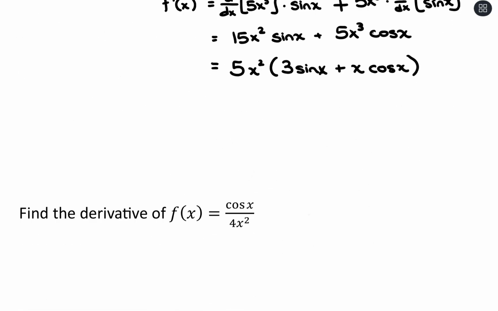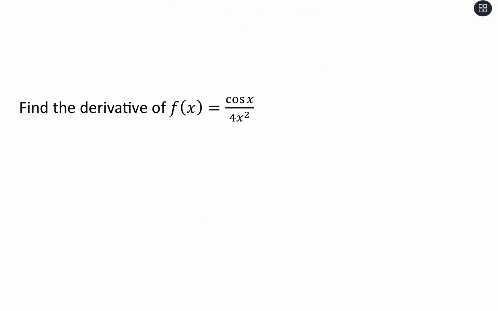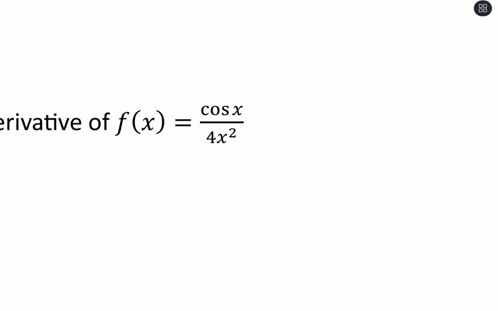Okay, next one here, we have cosine of x divided by 4x squared. And with this one, I'm going to use the quotient rule.